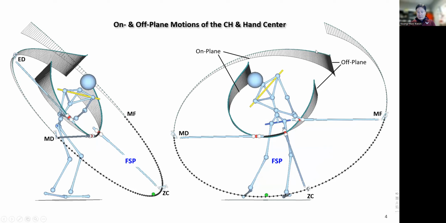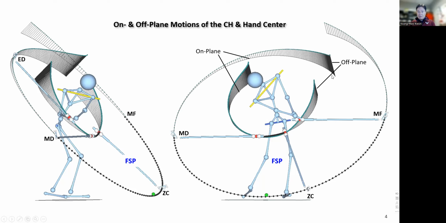This is the actual trajectory of the club head. This is the actual trajectory of the hand center. And this thin line is the projected trajectory on the swing plane, and this is also the projected trajectory of the hand on the swing plane.